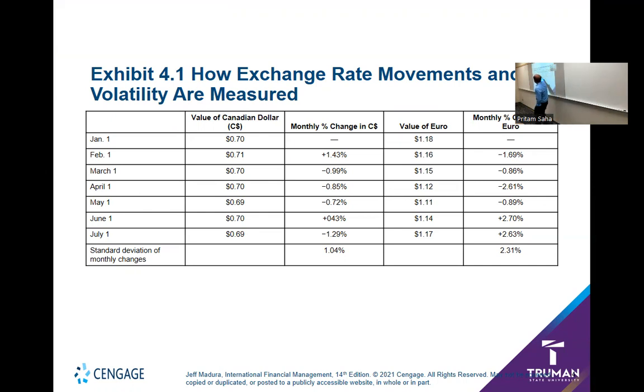Spot rate on January 1, spot rate on February 1. Depreciated, right? Because now we need to pay 1 cent more to get 1 Canadian dollar, right? From the US perspective, the US dollar depreciated, right? So we can calculate appreciation, depreciation, right? Okay.